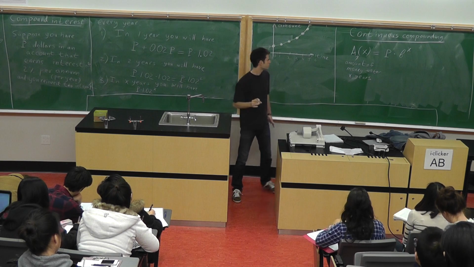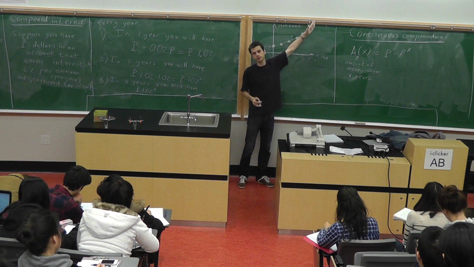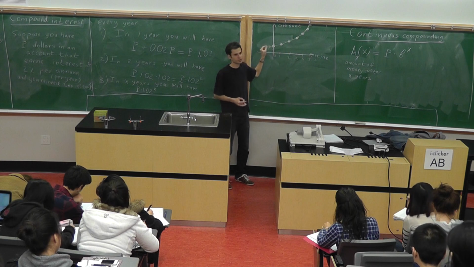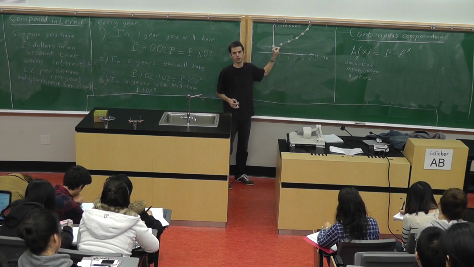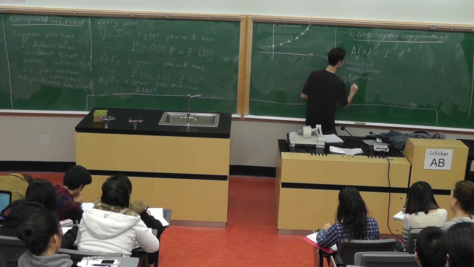So we just say, well, we'll consider such a curve, and we'll say that this curve tells you what happens at any moment of time x. And now x is not necessarily an integer.